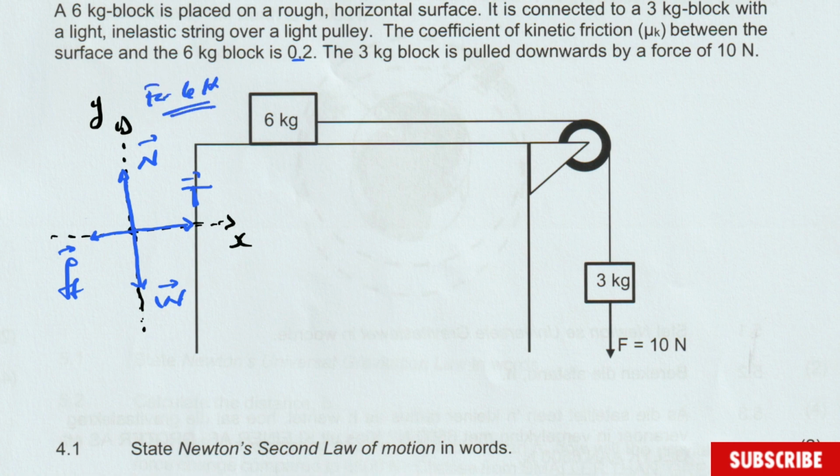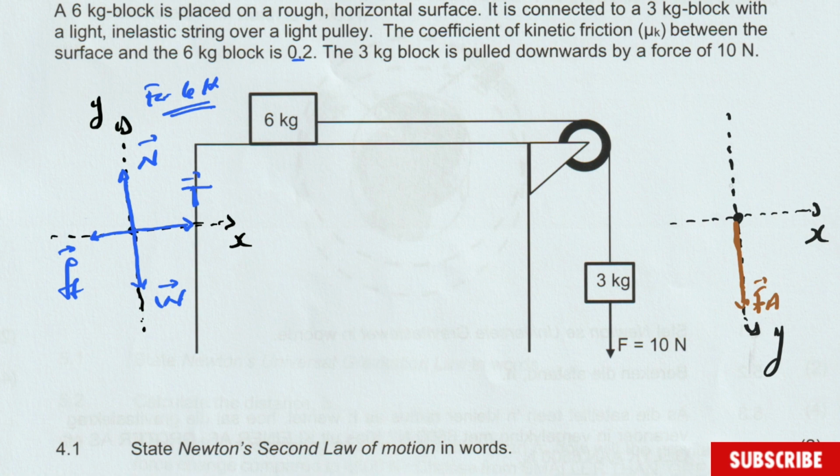This is 6 kg. All right, so on this right hand side, we're going to do it for the 3 kg. Once more, we're going to do the two axes, even though this object is only moving in one direction. This one is the x-axis, perpendicular is the y-axis. And now the forces acting on that object: there is the 100 Newton pointing downward. This is the applied force pointing downward.